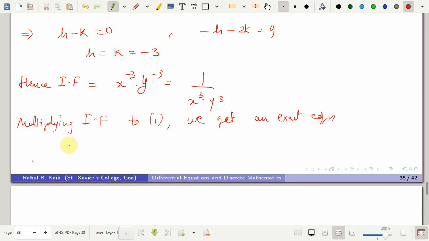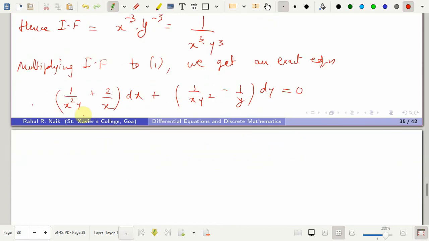The new m1 will be, you have to divide by the term x cube y cube to the old m1, to the given, not to the rewritten expression. So that's the same as 1 by x squared y plus 2 by x into dx, plus the next term is 1 by x y squared minus 1 by y into dy is equal to 0. So this is your new m1, the first coefficient of dx, and the new n1 is this coefficient of dy.